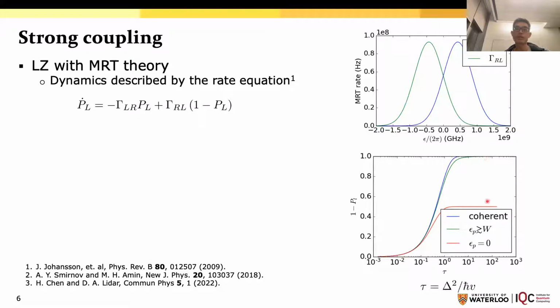If we instead have the two left and right transition curves overlap, that is when epsilon p is 0, the curve would start in the short time limit still following the coherent limit, but then it would peak at 0.5, which makes sense because if the left and right transitions have equal rates, and you let the system have enough time for this transition to occur, the final system state would have equal probability of being found in the left and right.